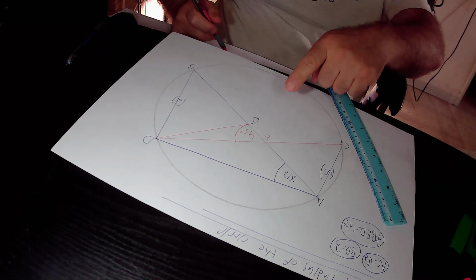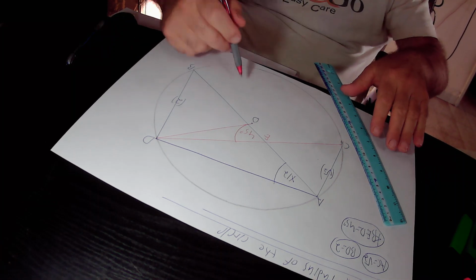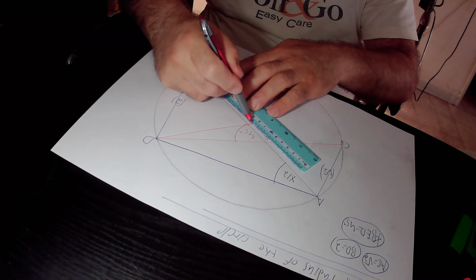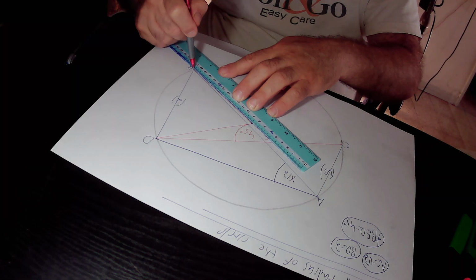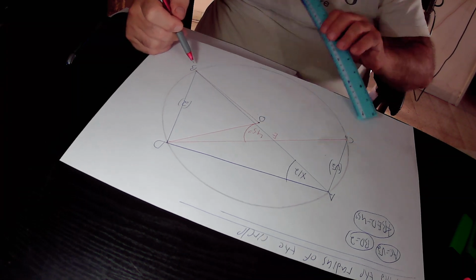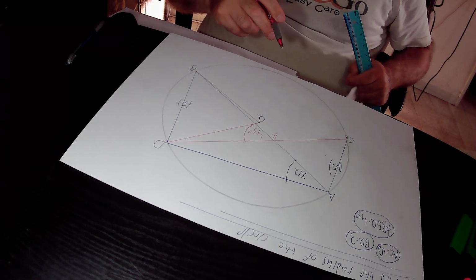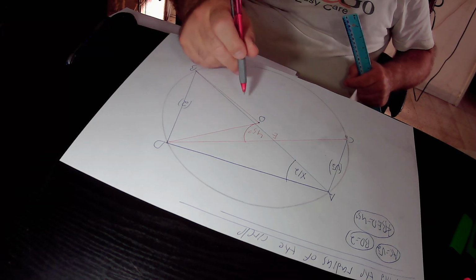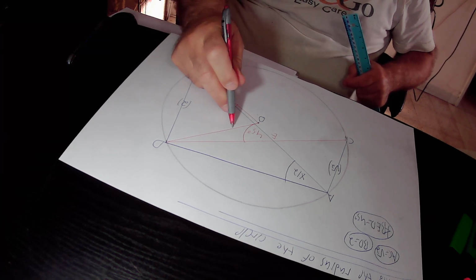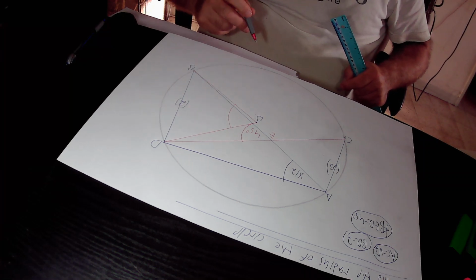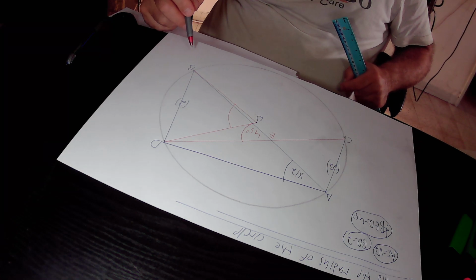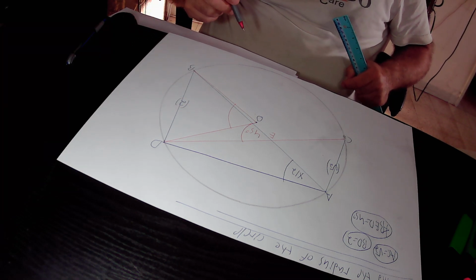We will join points O and B together by a straight line. By doing this construction, we can draw center angle DOB. This is center angle DOB, and this center angle DOB is subtended on chord DB.